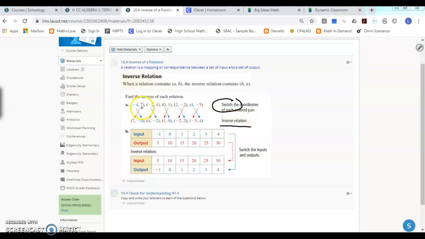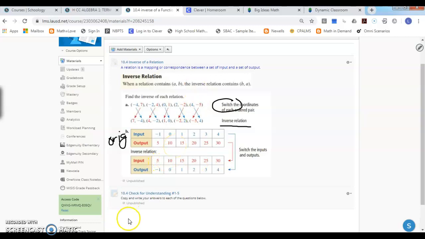Now, ordered pairs can also be represented by a table of values. So if this is the original table of values, in order to find its inverse, do the same thing as you did for the ordered pairs: switch the x and the y values around, and the result will be the inverse.